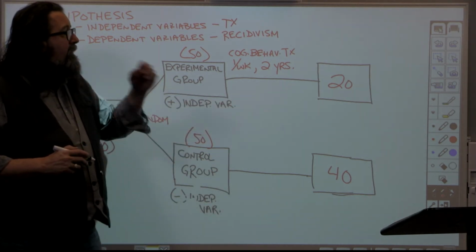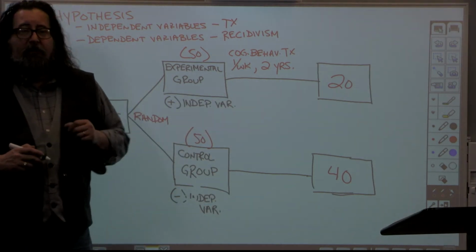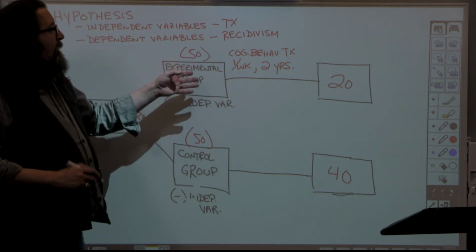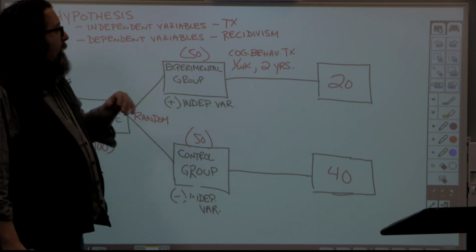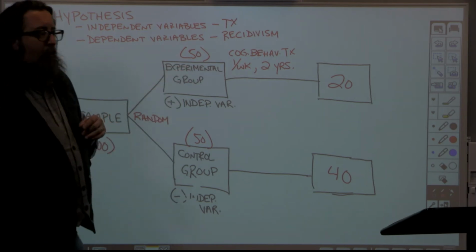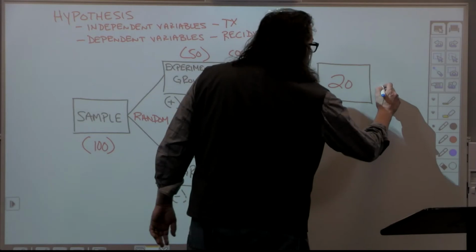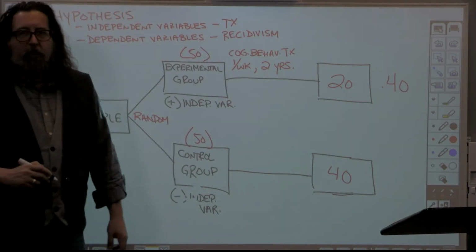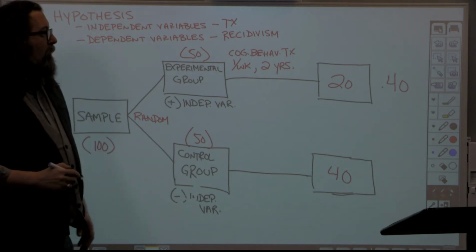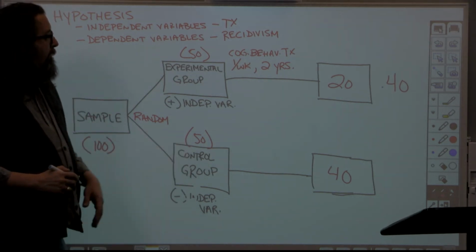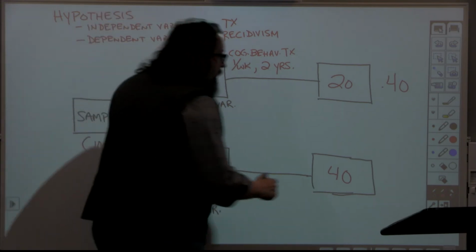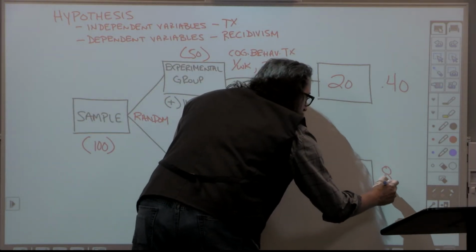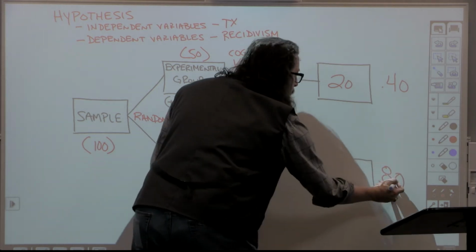And so at the end, now we're at analyzing the results. At the end of 2 years, 20 out of 50, or 2 out of 5, were rearrested. That is a reoffense rate of 0.4. Very easy math. Again, I'm oversimplifying this. And 4 out of 5 offenders rearrested in the control group gives us a reoffense rate of 0.8.